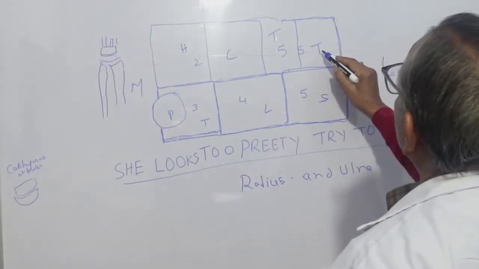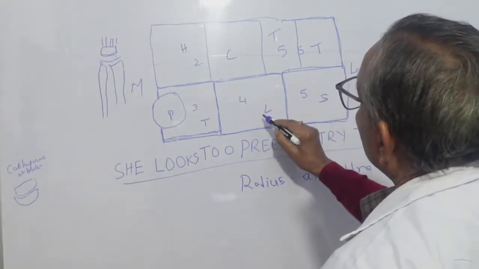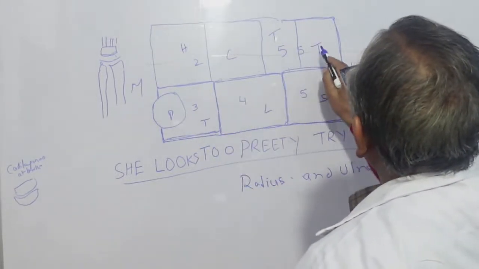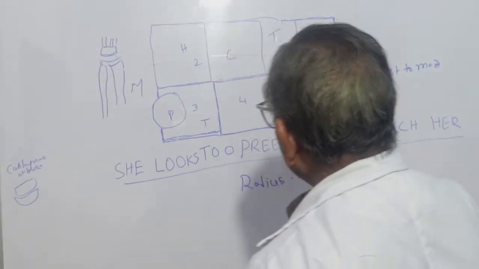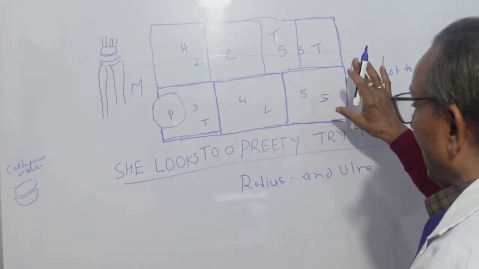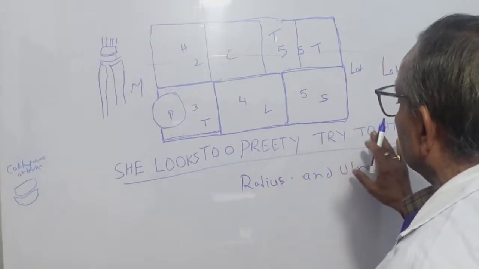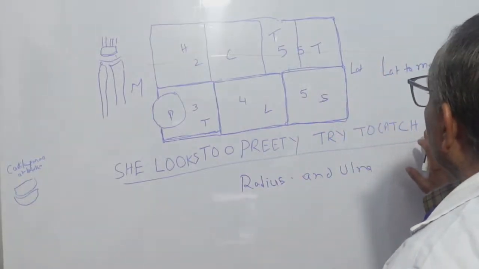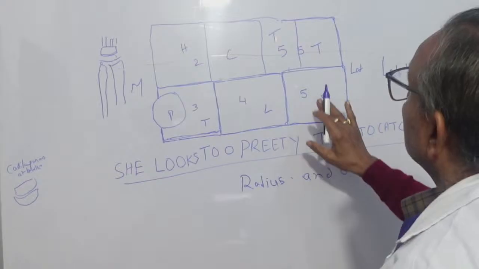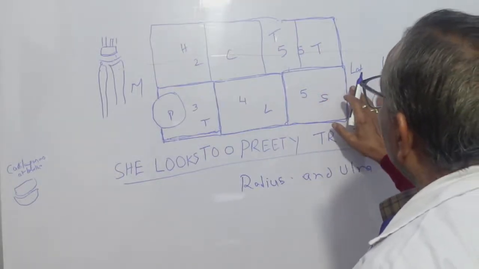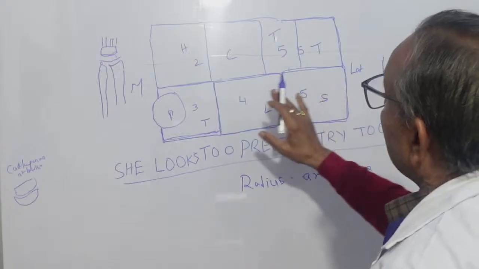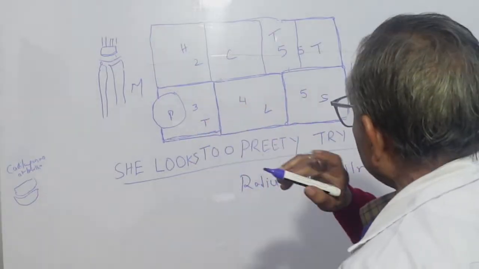Therefore, you will remember she looks too pretty. Try to catch her. This is one important point which you will be asked, and if you remember this, then there will be no problem in arranging the names, and always you will tell from lateral to medial side.